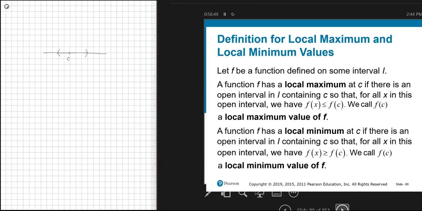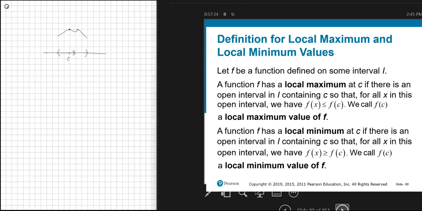So here I have c, and f of c takes it up to here, and all the other x values are below that or they equal it. Then in this interval, this is the maximum value. So you have one local maximum in that interval at a specific x value. Now it could be 2 x values in there that give you the same local maximum, but usually when we talk about local maximums, we want our interval only to include that high point.